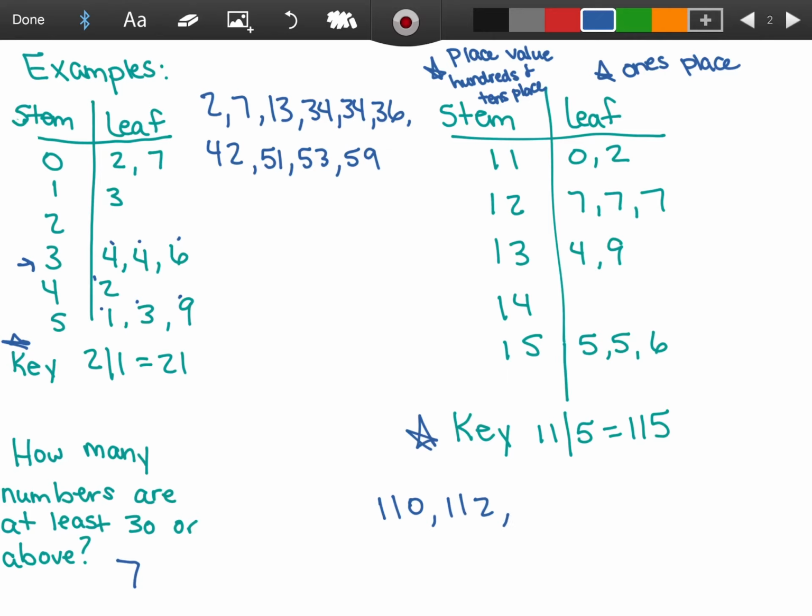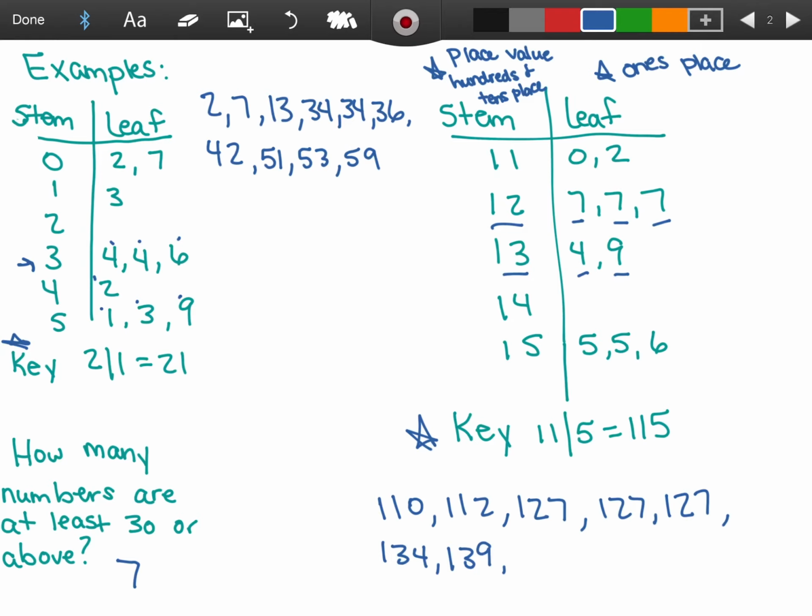Now we've got a hundreds and tens place of 12, and your ones place is 7, and that's 3 times, so that's 127 three times. Do you see how I'm getting that? Your stem is your hundreds and tens place in this case, and your leaf is still your ones place. Then I've got 134 and 139.